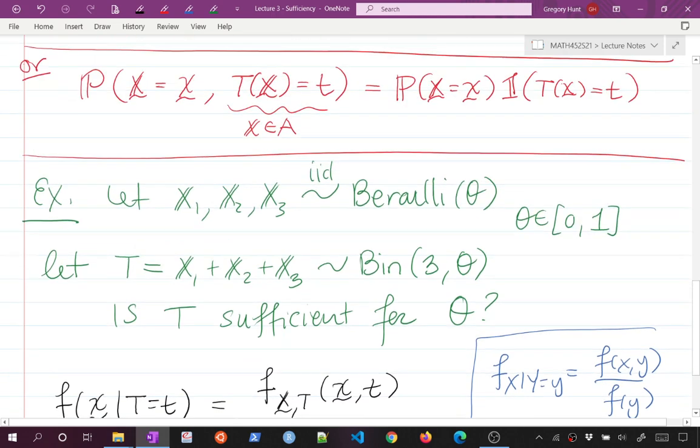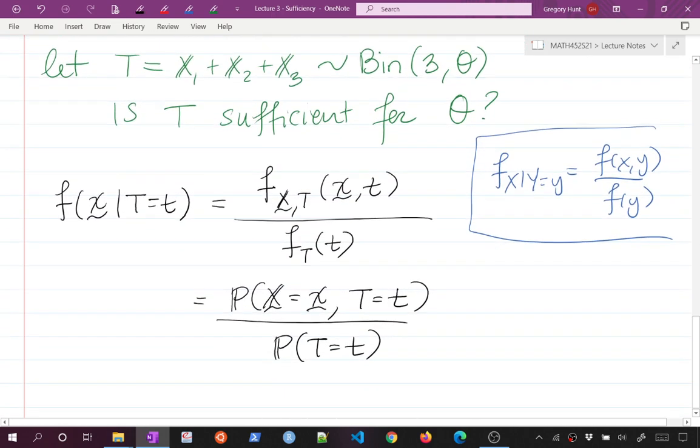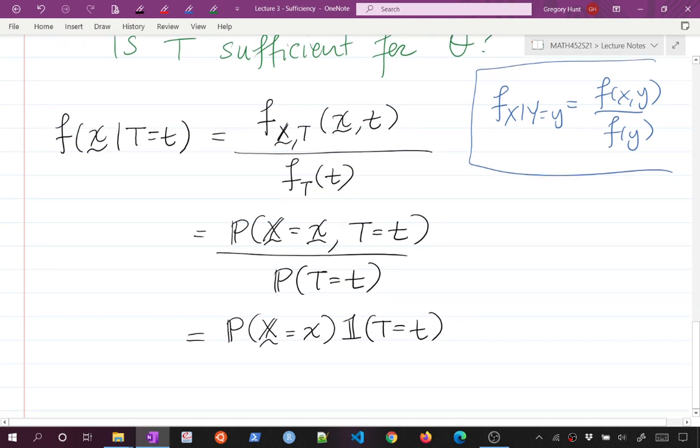This is why we brought up this, because I can simplify this by saying this is just the probability x is little x as long as t is little t. Yeah, let's leave it like that. That's good enough. Over the probability that t is little t.